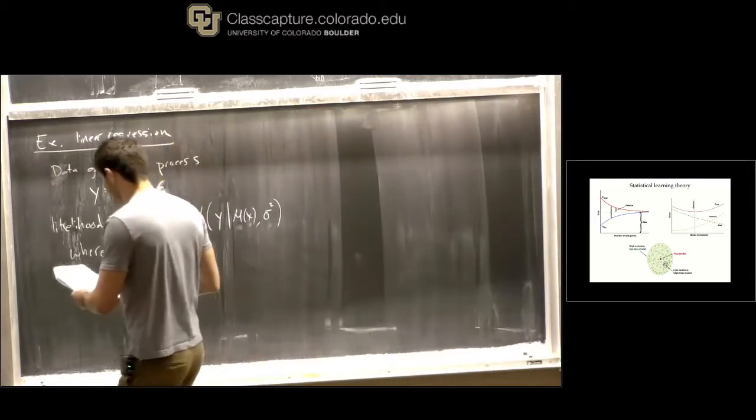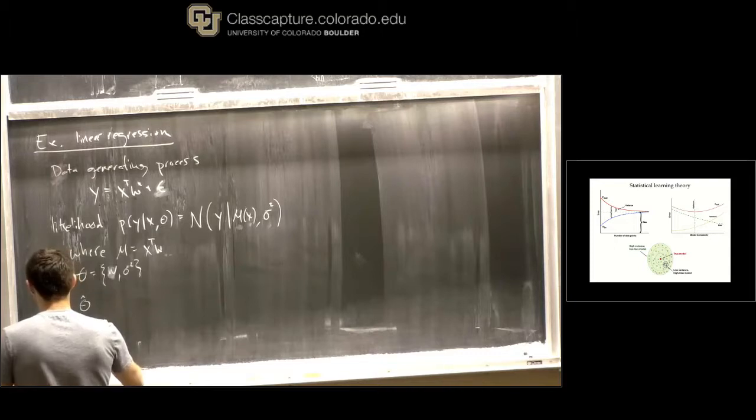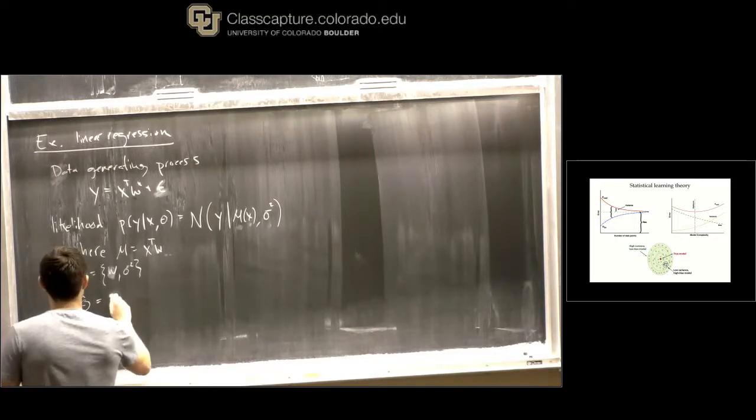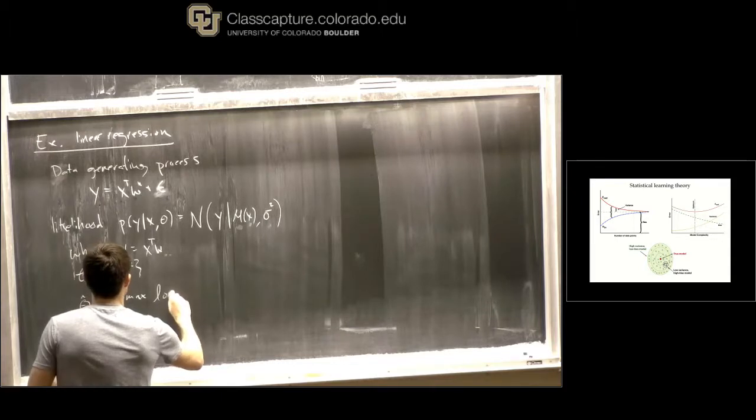So we want to find settings of our parameters that are the argmax over theta of the log of this likelihood, right?